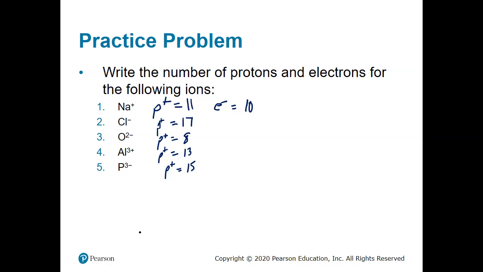Now there is a way to do this. There's an equation that we can use to help us. The equation is this: charge is equal to protons minus electrons. So if you can't follow it from a logical standpoint, you can calculate it algebraically.